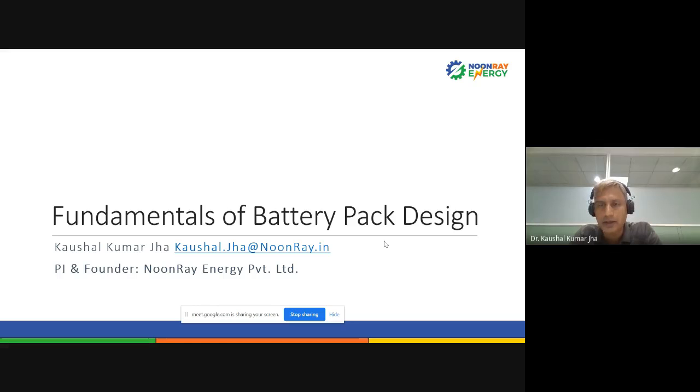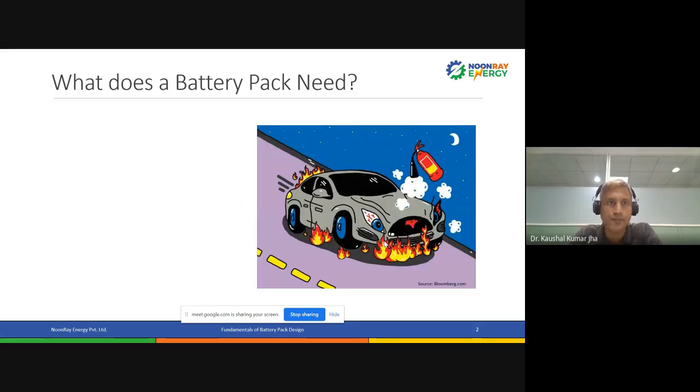So let's move ahead. What does a battery pack need? Why is it important to design a proper battery pack? On the right side, there is a picture which says that the car is under fire. It could be an ICE engine vehicle, a hybrid, or an electric vehicle.